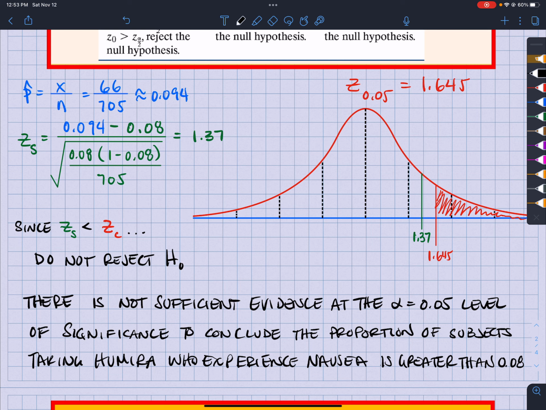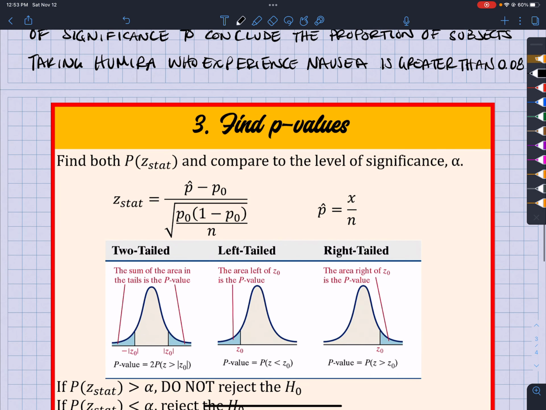Okay. So the question is, how will we use the p-value to do the same thing?